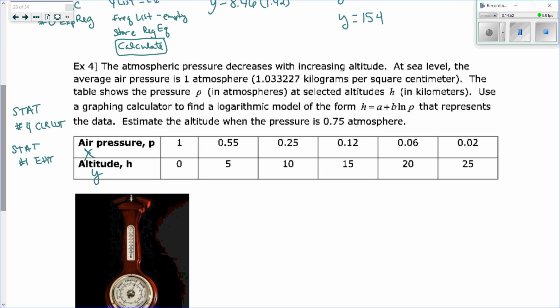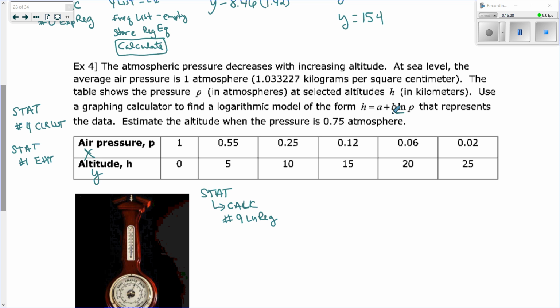Okay, so when we're doing this, and it gives you your time to do your regression, once you get your data in, you're going to arrow over to calculate, CALC. And then we want to do a logarithmic one. So when I go there, I'm looking for number 9, which is LnReg, natural log regression.